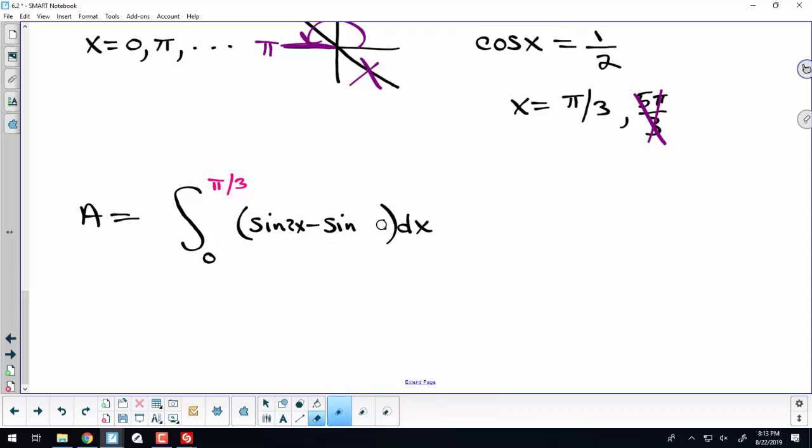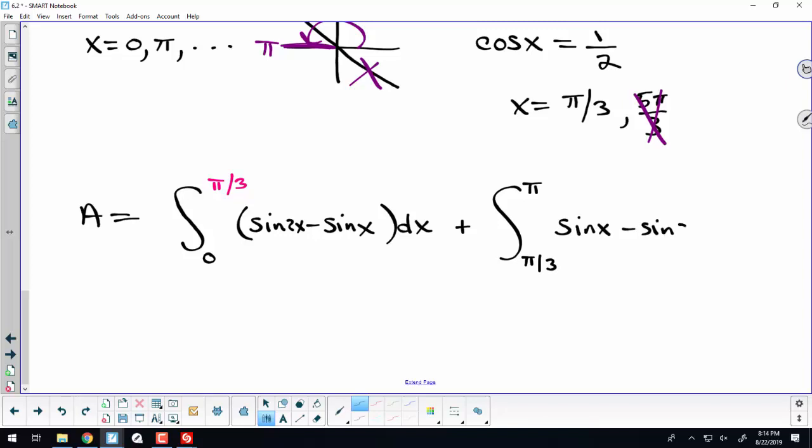That's weird. Okay, and then what's next? And it's sine x minus sine 2x dx. What do y'all think? All right, there's the setup for the area.